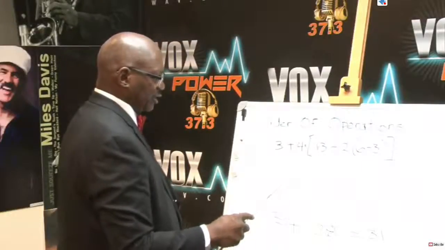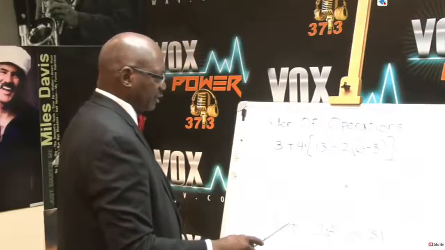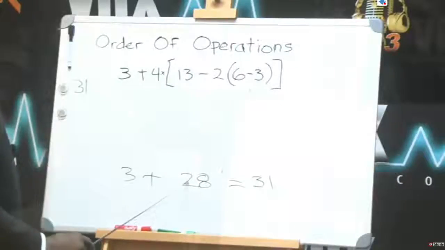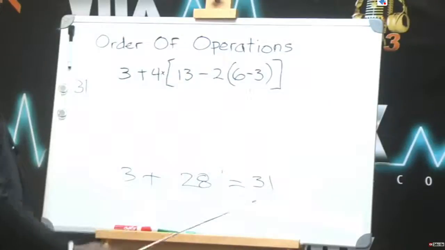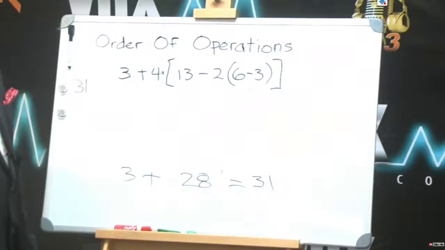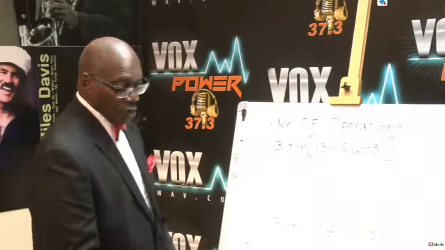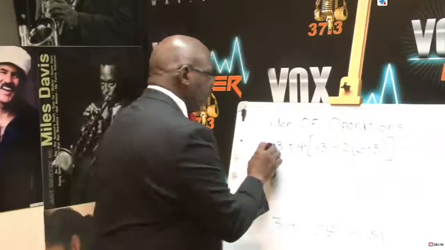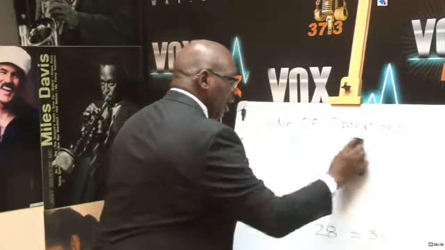Then the next thing was 13 minus 6 was 7. Then we multiplied 7 times 4 and got 28, and added 3, 31. We did all those calculations basically in our head. Okay. Order of operations. It's very, very important.